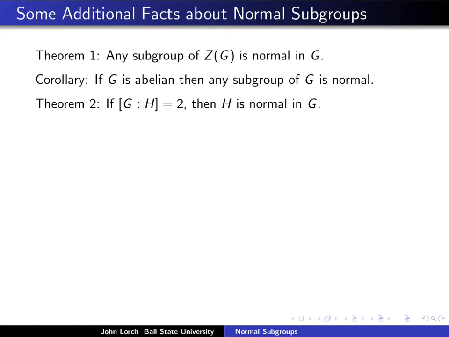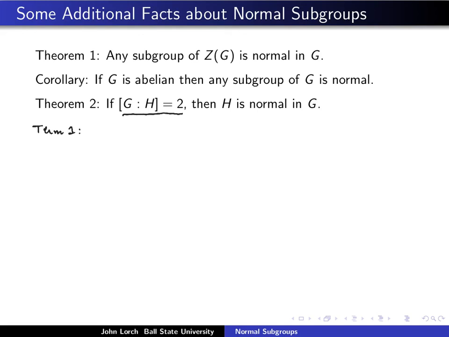The second theorem says that if the index of H in G is equal to 2, then H is normal in G. So what this means is that H has half the size of G. So whenever H is half the size of G, just like on the previous slide, H will be normal in G. So just a quick discussion about these theorems here.